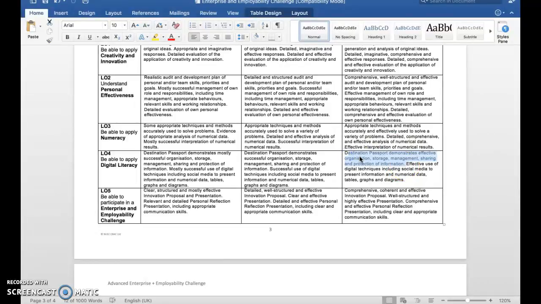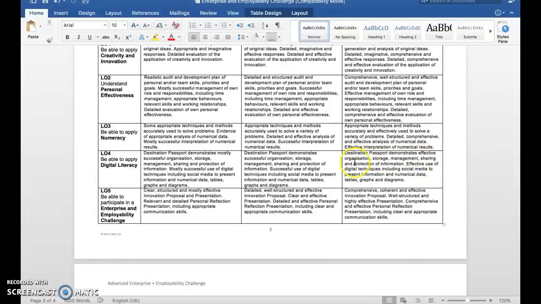So simple things like storing your files appropriately in well-named folders and files will push you up into this area here. That will make it effective organization, if it's named properly, the folders, because like I say, they pick it up electronically, so they'll be able to see how well you store your entire destination passport, all your work.